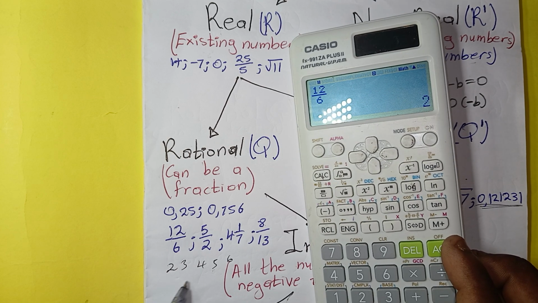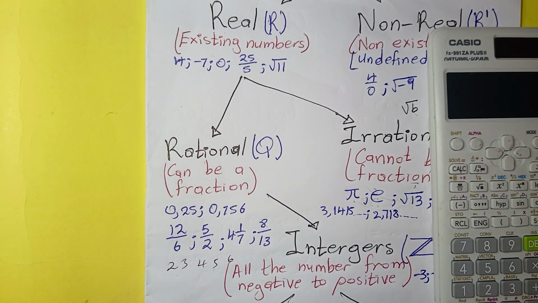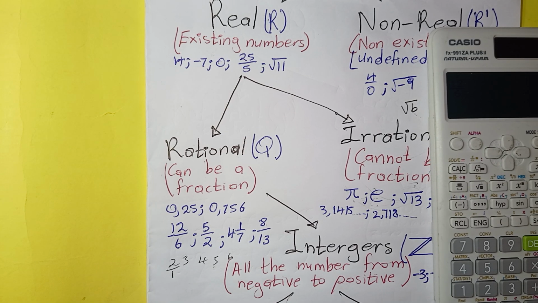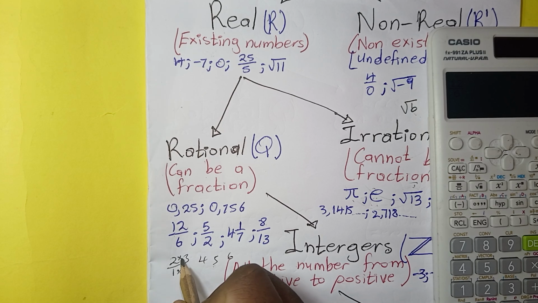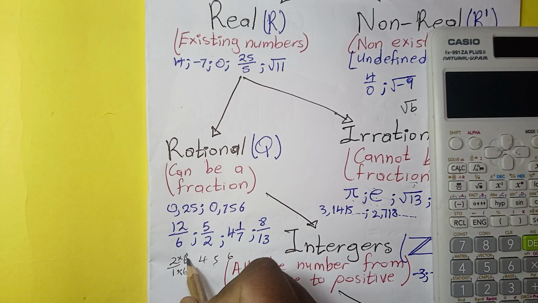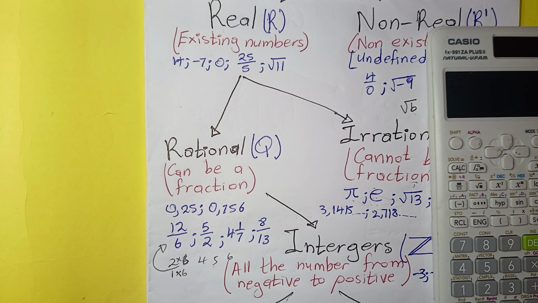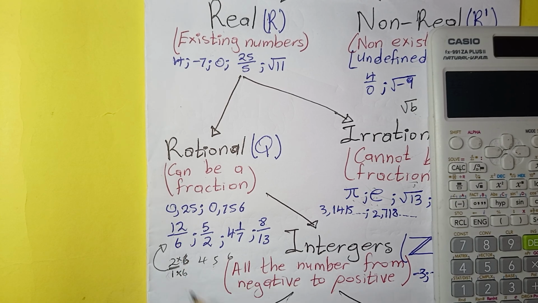How to change these numbers to be a fraction? So in maths, guys, we have what we call invisible one. So invisible one, you can put it here. Do you see? And the moment here I just multiply here by 6, it becomes like this. Do you see? Because that invisible one can be in a denominator, and if I multiply by 6, it will be 6. If I multiply by 6, it will be 12.